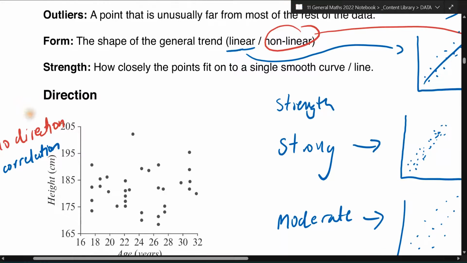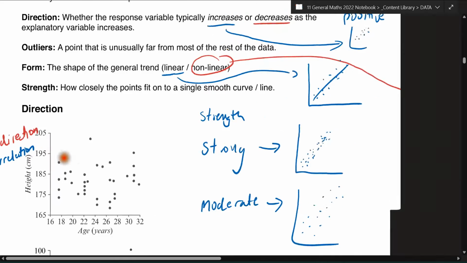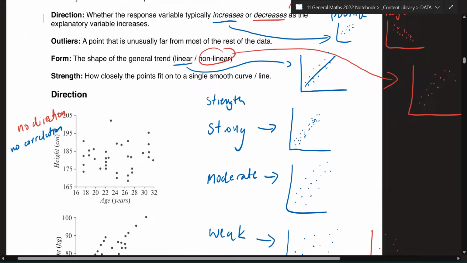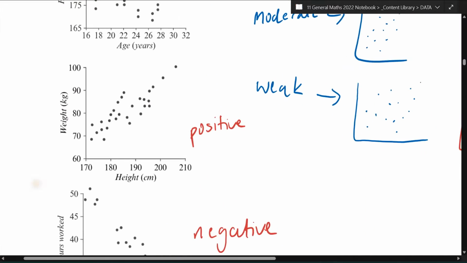And then the strength is how close the points fit together to make some sort of line. The closer it is, the stronger it is, and the more spread out, the weaker it gets. Now, generally, you can look at a graph and describe it, just by looking at what kind of strength, form, direction, or if there are any outliers.